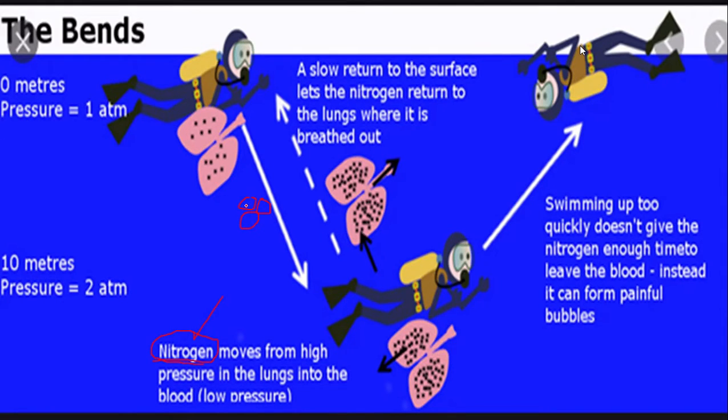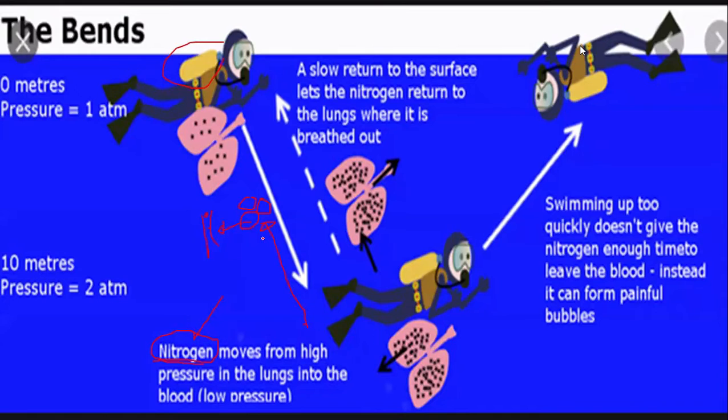Now as you go down, of course, you have a tank, so you will have oxygen plus the nitrogen that were there. And as you go down, you have high pressure down here, compressing your alveoli. So the tendency is that the gas would go to the capillaries. That's the danger.